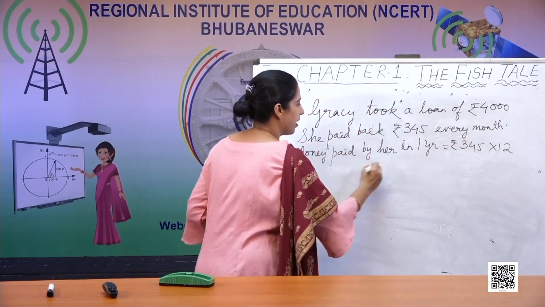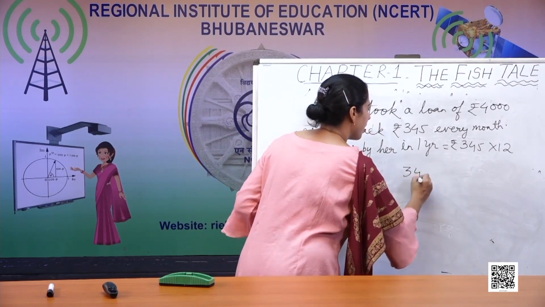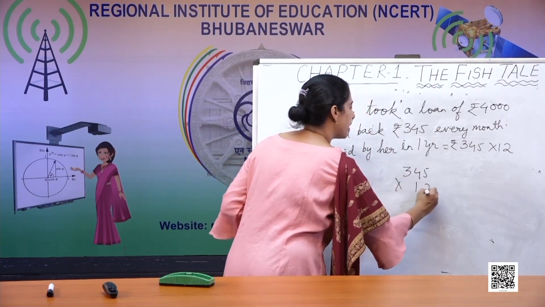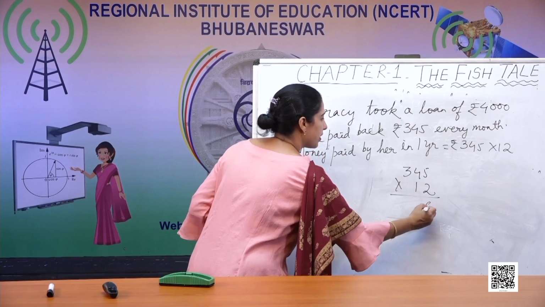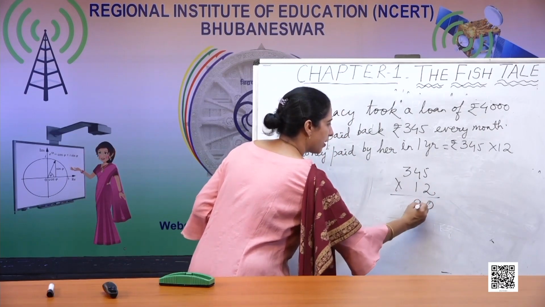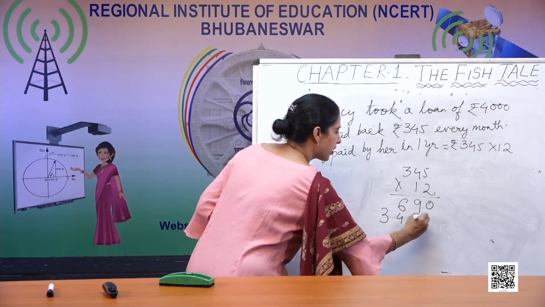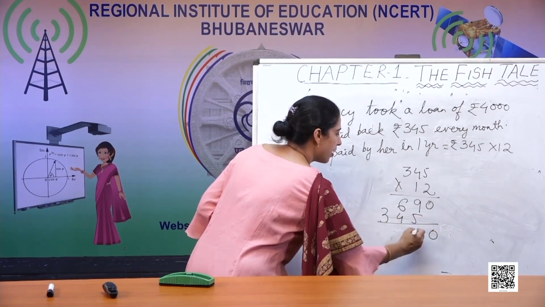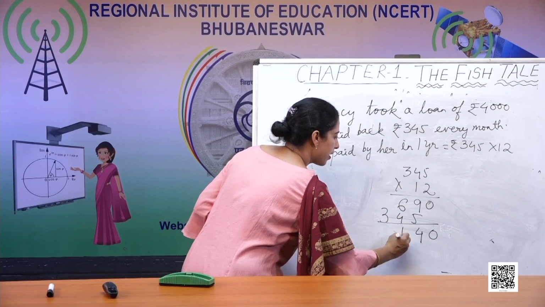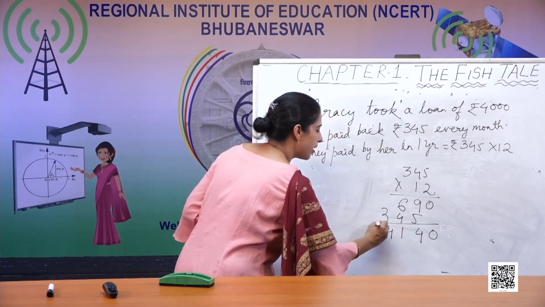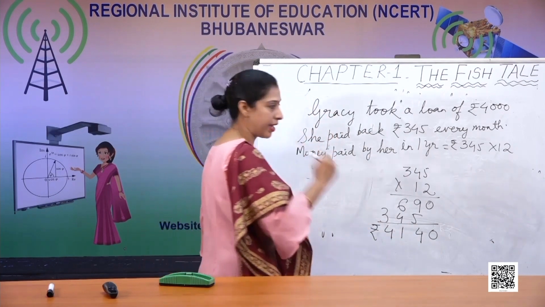Let's calculate 345 into 12. All of you know the multiplication. 2 5s are 10, 2 4s are 8, plus 1 is 9, 2 3s are 6. So 4,140 rupees she gave back.